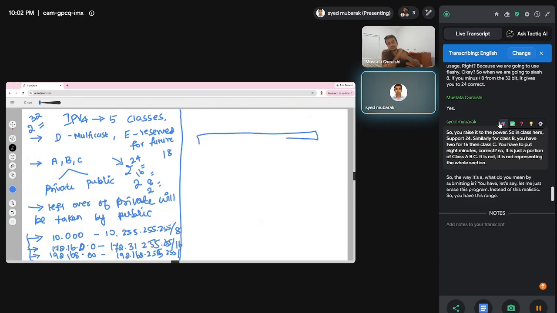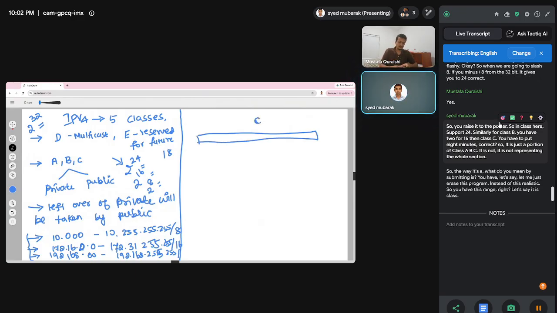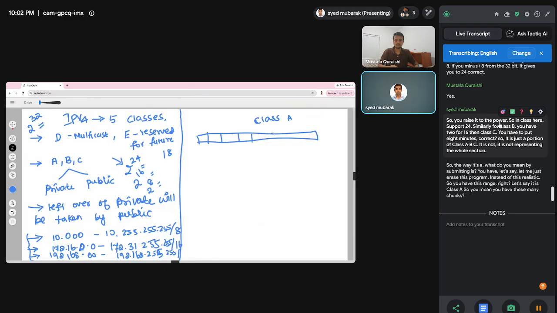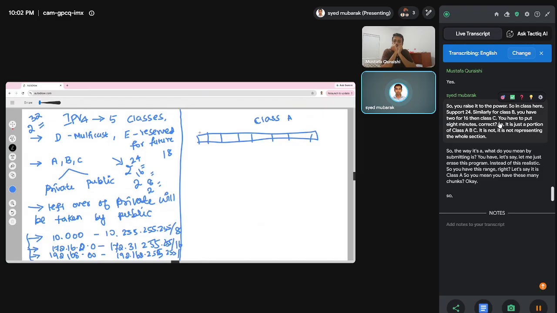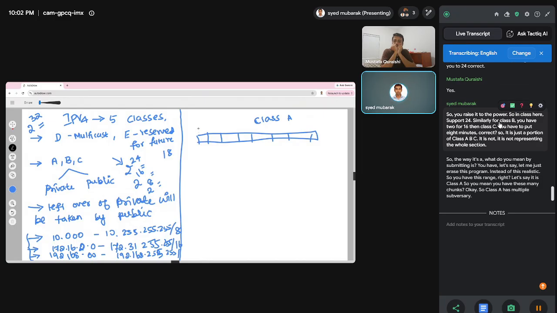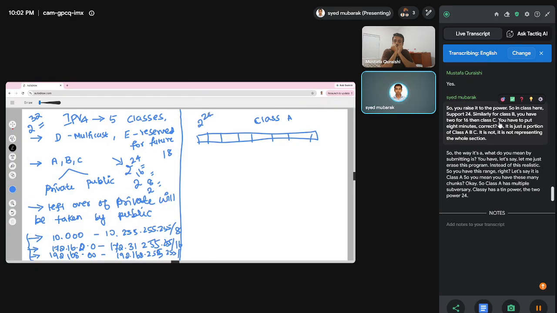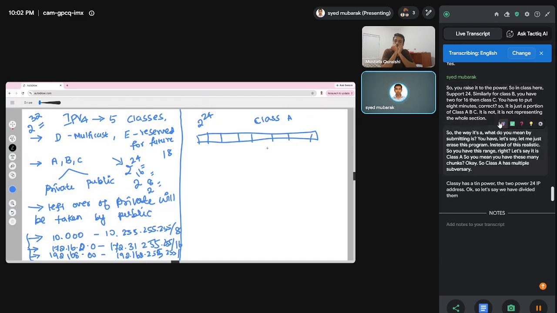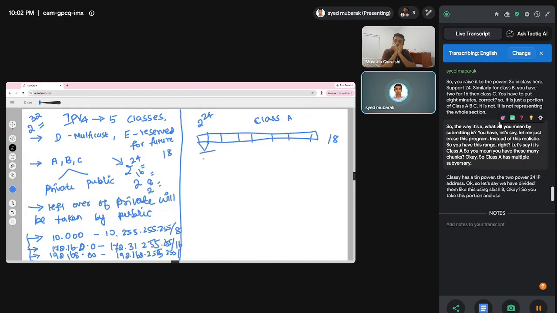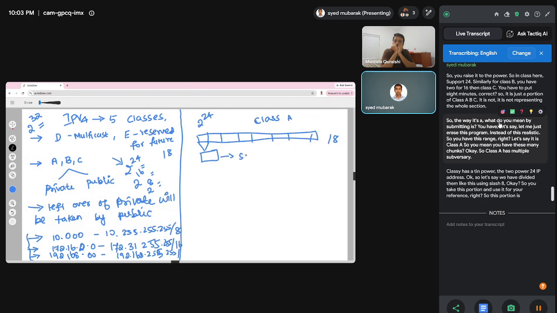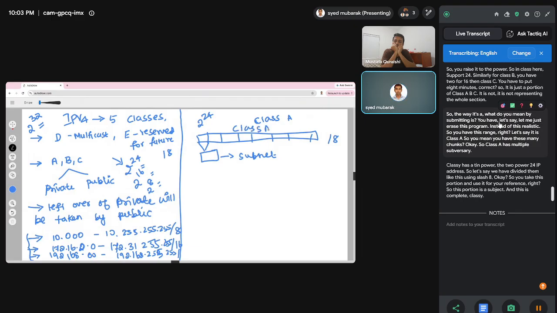You have this range, let's say it is class A, and you have these many chunks. So class A has multiple subnets. Class A has 2 power 24 IP addresses. Let's say we have divided them like this using /8. You take this portion and use it for your reference. So this portion is a subnet, and this is the complete class A. This is one portion of /8.